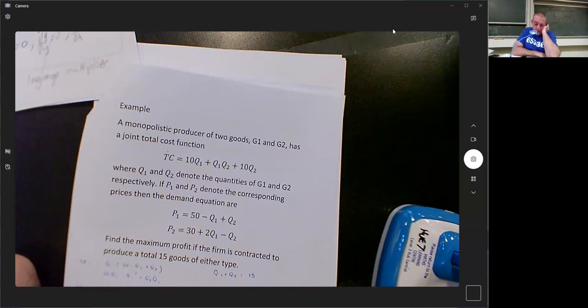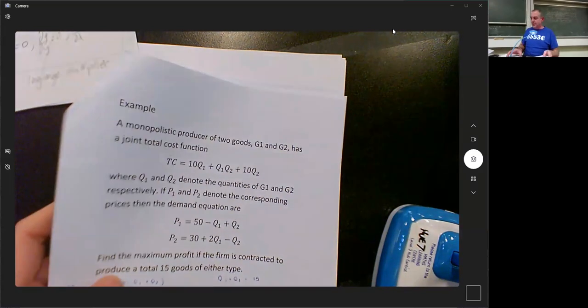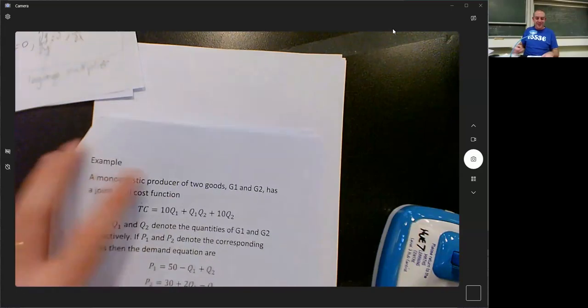If P1 and P2 denote the corresponding prices, then the demand equations are that. Find the maximum profit if the firm is contracted to produce a total of 15 goods of either type. Okay, that's an interesting question.